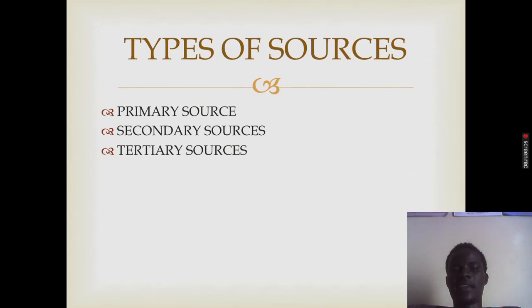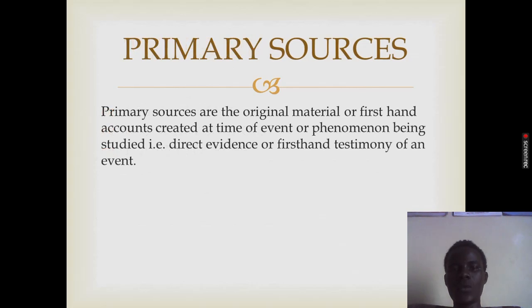The secondary source is second-hand information, narrated by or got from the primary source. Then the tertiary is information got from the secondary source. We will go right into it. We will begin with the primary source.